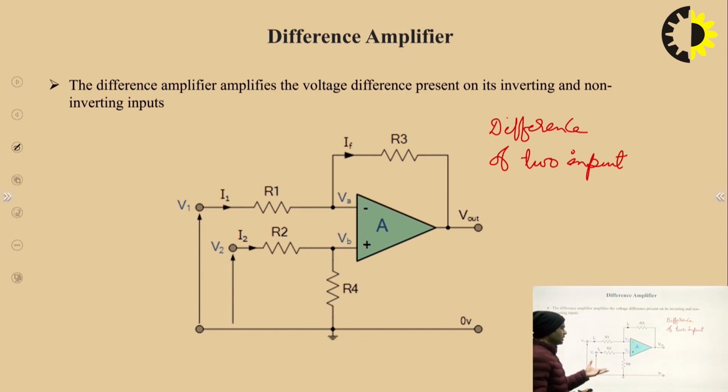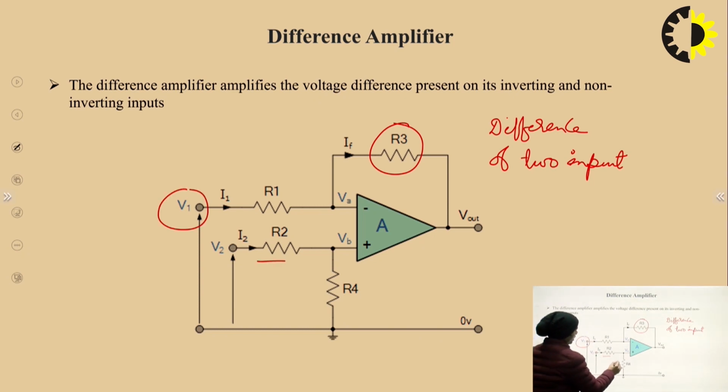First of all, let us see how we have connected these resistances. As you can see, there are four resistors. One is the feedback resistor R3 and R1, which is connected to the first input V1, and R2, R4, which is connected to voltage V2, like this. And all of you know that the concept of virtual ground will work here.